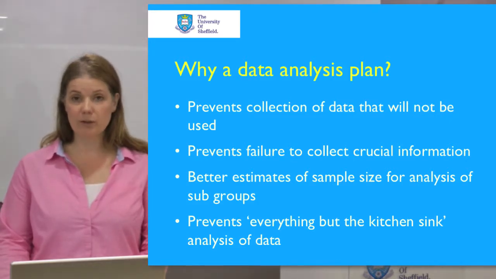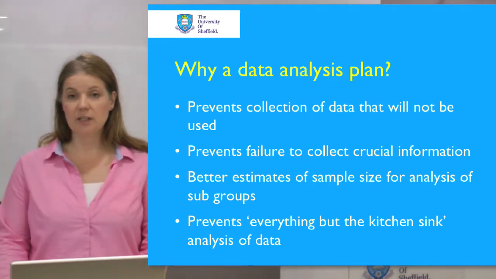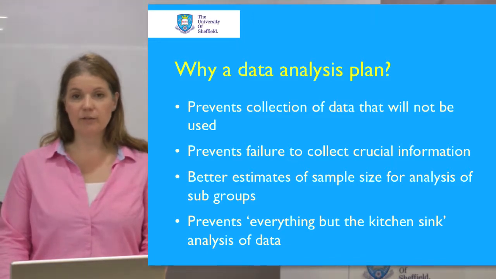It also prevents what I've talked about previously, where all the variables are just thrown into analysis, you don't know what you're doing with it, and so you just try to analyse everything. So if you have an analysis plan that's specific to your objectives, then you don't get that kind of everything analysis that we see so commonly in dental research.